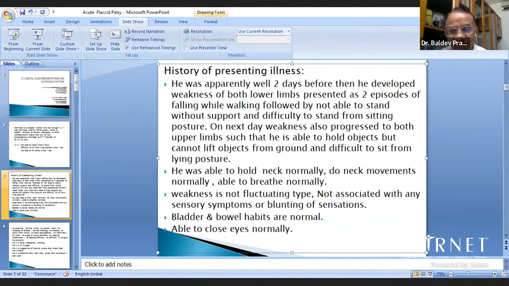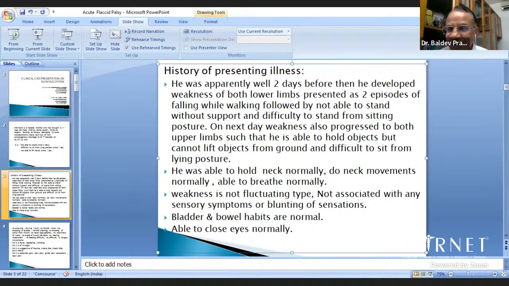Autonomic involvement. What I mean to say, it's a flaccid variety. It is a flaccid variety. Still, this bladder bowel involvement can occur. Anyway, if autonomic disturbances are present in any flaccid variety, I think this point will be taken later on at the appropriate time, not at present. Just drawing your attention, and with the eyes also.